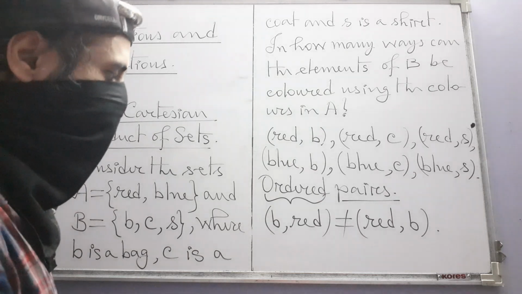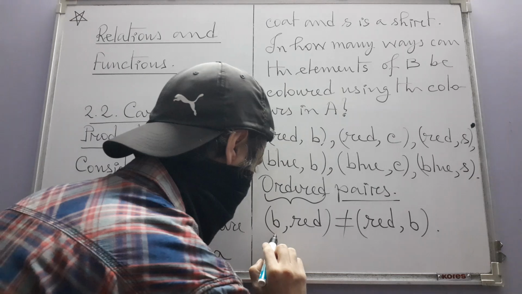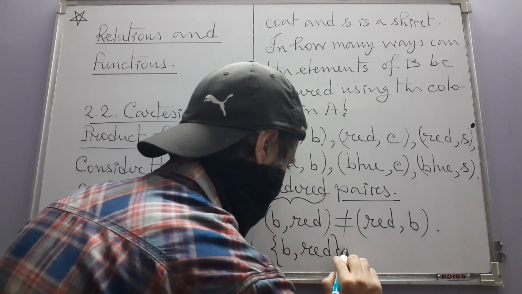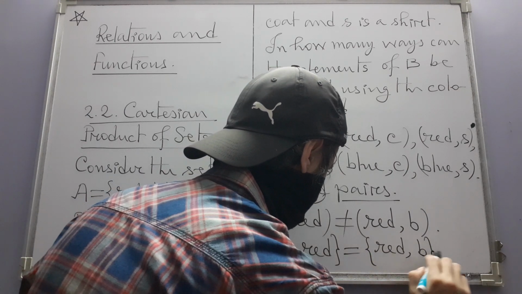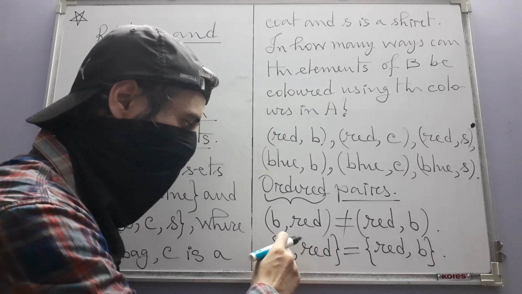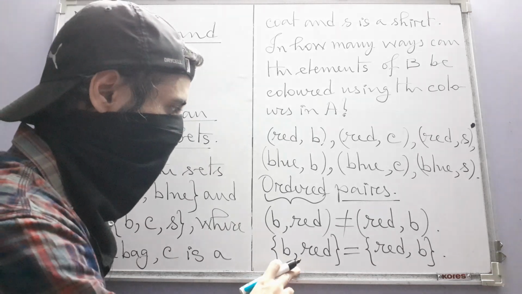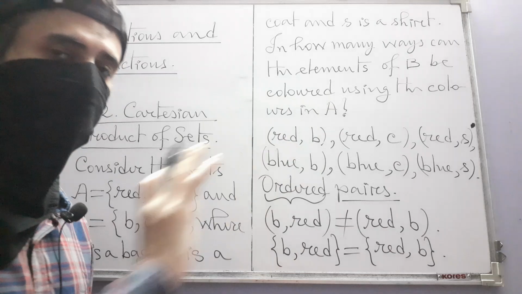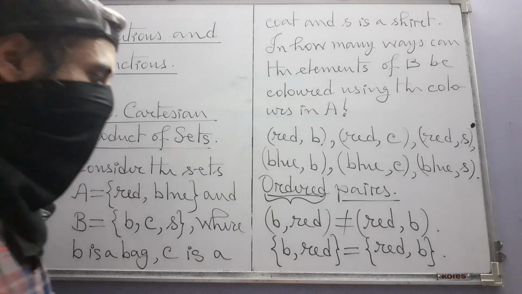Whereas if you think of the set consisting of these two objects, B and red, then that is definitely equal to the set consisting of red and B, because in a set, the order in which you write the elements does not matter. And that is why, to emphasize that fact, we do not call these things simply pairs, but ordered pairs. In that sense, it is ordered.